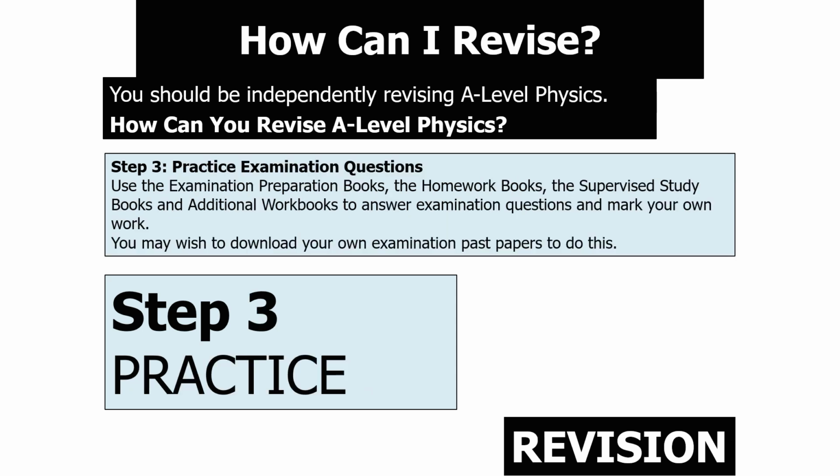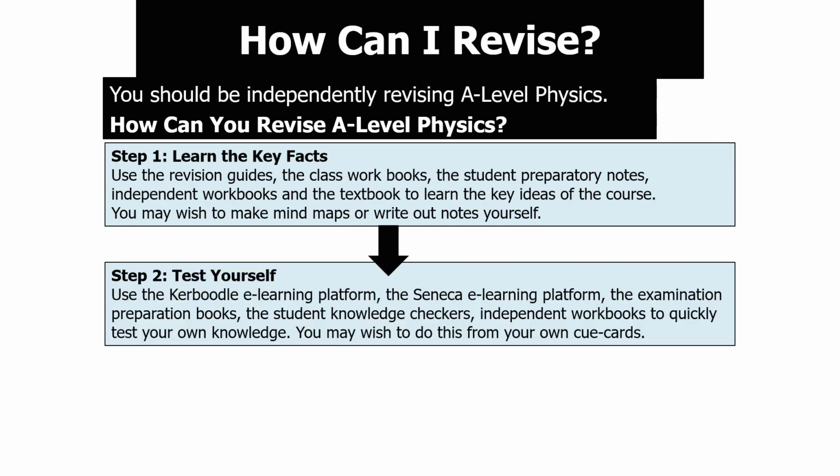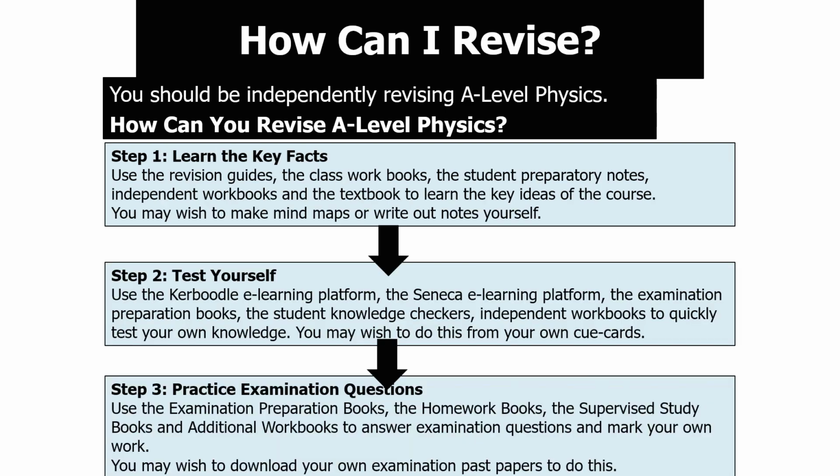The third step is to practice examination questions. So use exam prep books, homework books, supervised study books, additional workbooks to answer exam questions and mark your own work, and you might wish to download your own exam past papers to do this. So the 3 steps are learn the key facts, testing yourself, and practicing examination style questions.